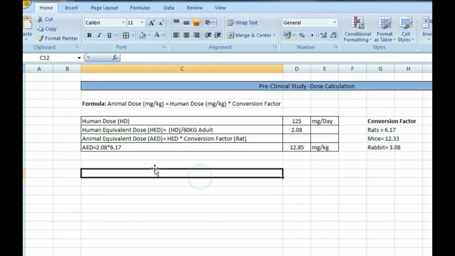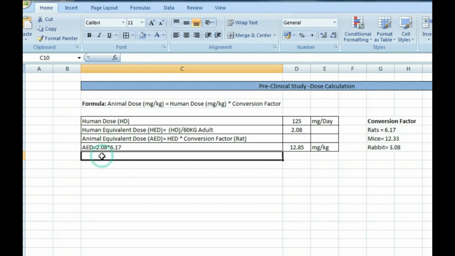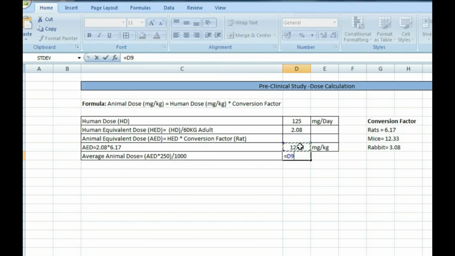So now we have to convert this to a single rat dose. For the average animal weight, suppose we have taken 250 gram. So it is AED, the animal equivalent dose whatever we have calculated, 12.85 into 250, and that is divided by 1000 because it's for kg calculation.